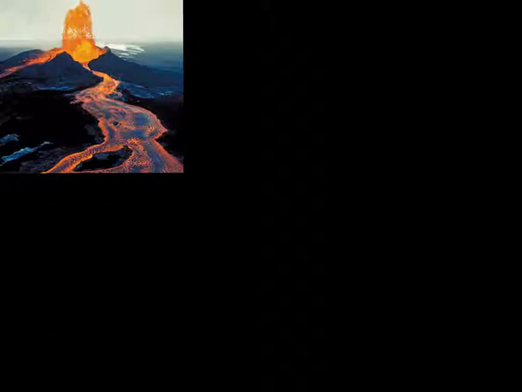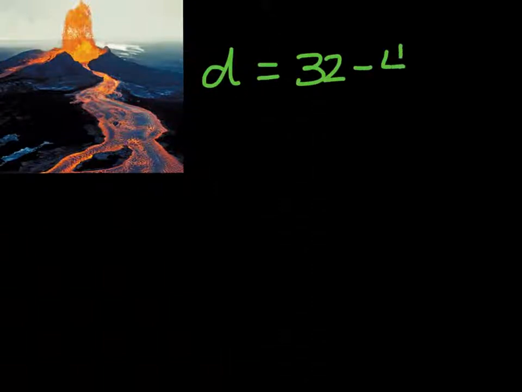The distance, d, in miles from the ocean, t hours after it left the volcano, would be approximated by d equals 32 minus 4t, okay? Because remember, we have a lava flow that's traveling at approximately 4 miles per hour and traveling 32 miles total.